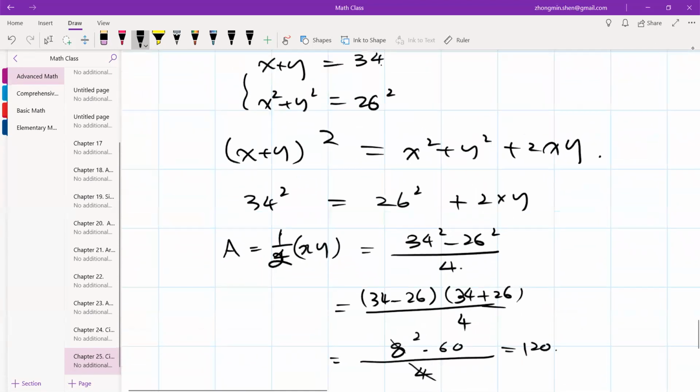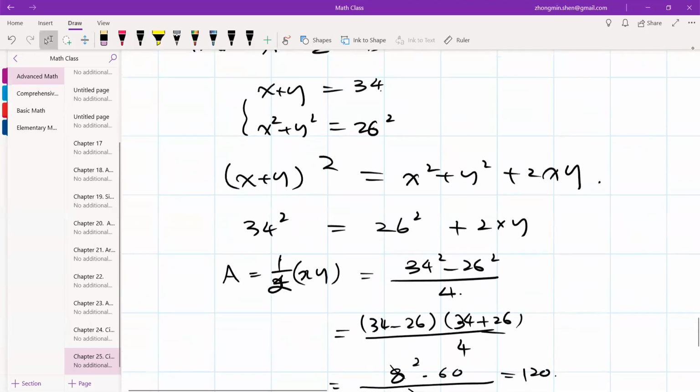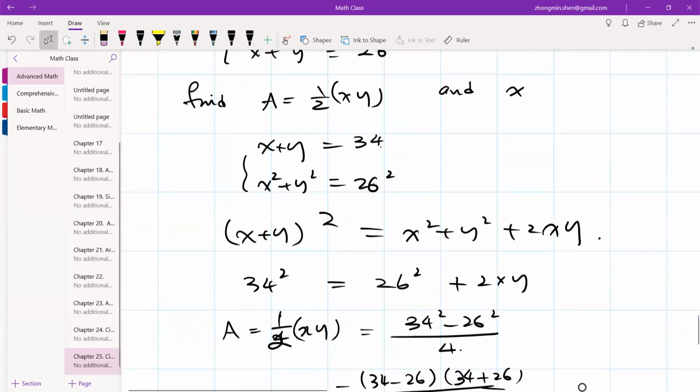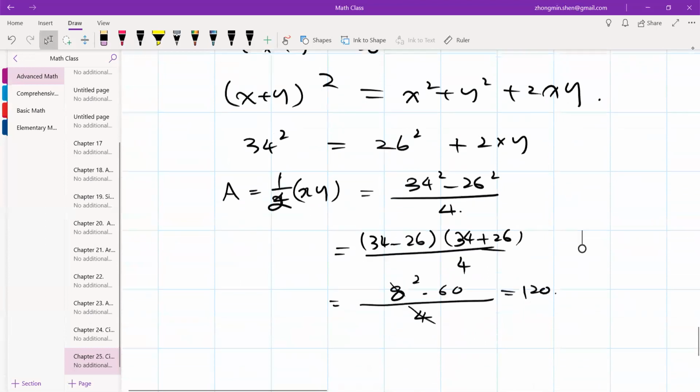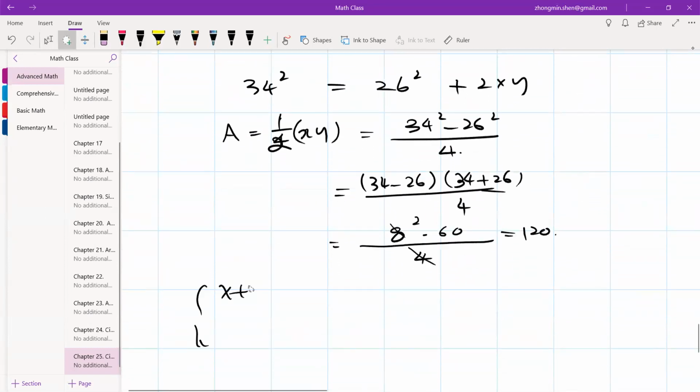Well, if we get X times Y, what is the best way to get X? You can use the quadratic formula, if you want. That's direct. X times Y is going to be 240. You have X plus Y equals 34 and X times Y equals 240.